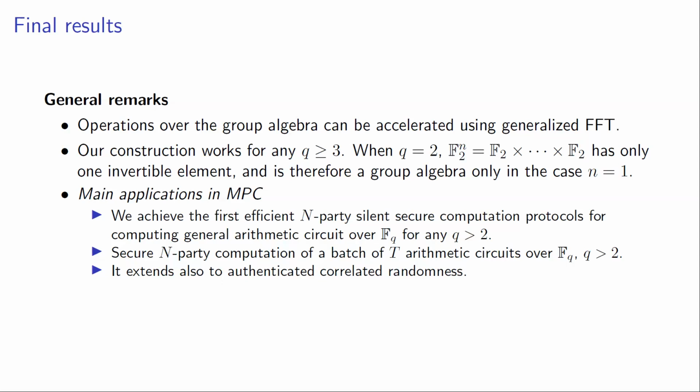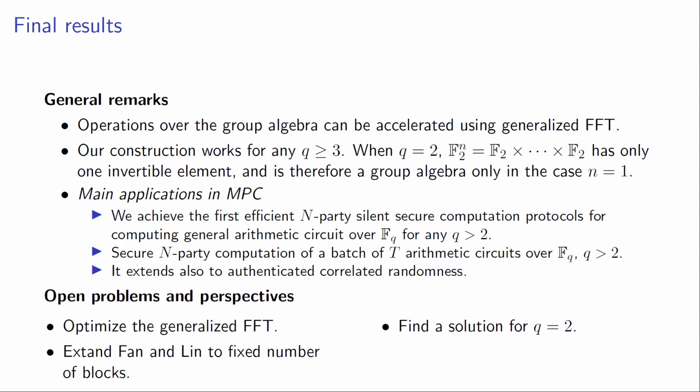There are plenty of different implications in MPC because of the work, mainly the fact that we achieve the first efficient and practical silent secure computation protocol for general circuits over FQ. So not Q equal to 2, but it improves the previous result.